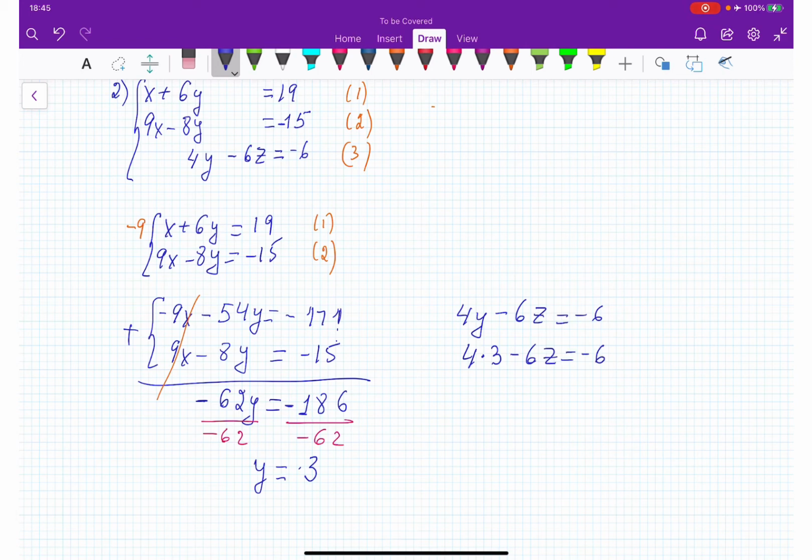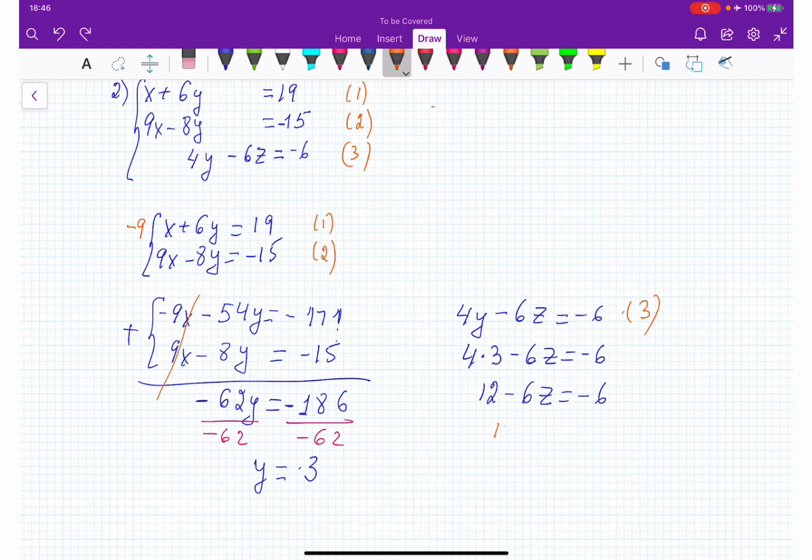So this is problem number 3, right? Where I'm plugging there. And from here, what am I getting? 12 minus 6z is equal negative 6. I guess I can move 6z to the other side. I'll move 6z here and negative 6 here, which means it's going to flip the sign, right?